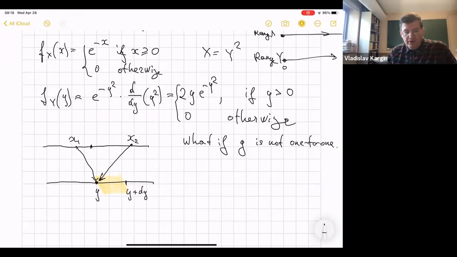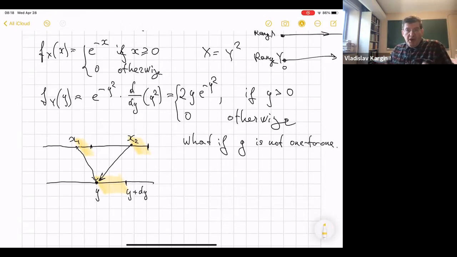So there will be two intervals, which are both mapped to the interval next to y. And so the probability that the random variable y belongs to the interval from y to y plus dy will be equal to the probability that random variable x is in the interval next to x1 plus the probability that the random variable is next to x2.